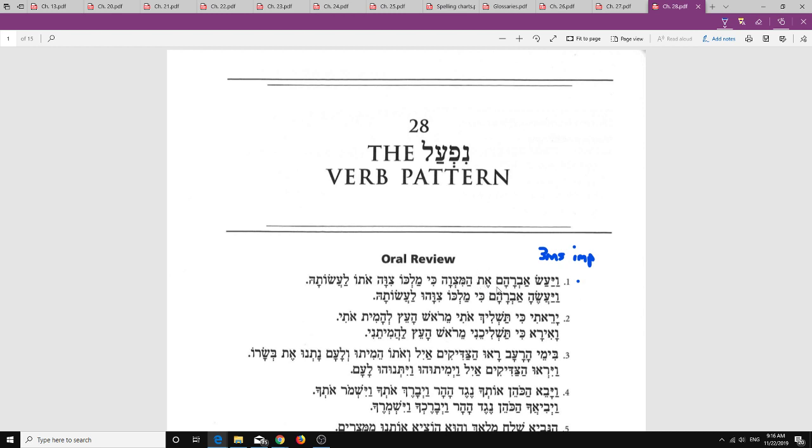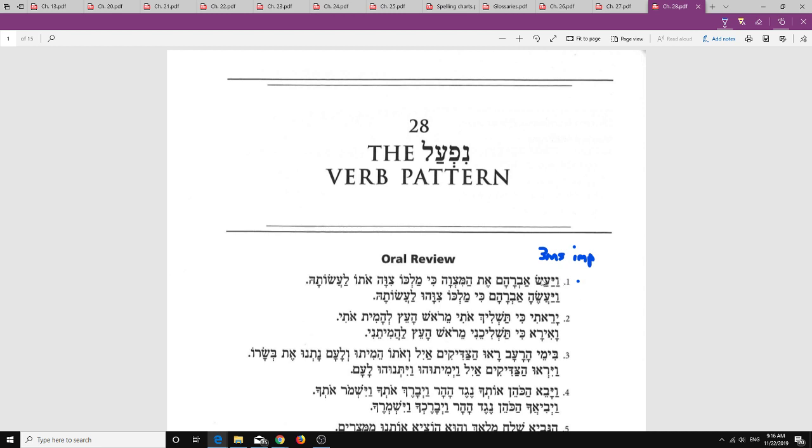It could also be "with," but that won't make sense here, and we'll see that in a second. So, "and Abraham did the command." It wouldn't make sense to say, "and Abraham did with the command." That doesn't make any sense.